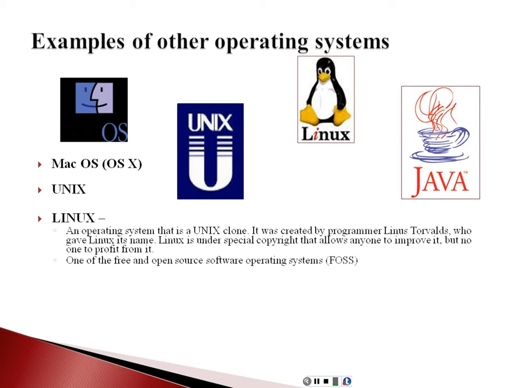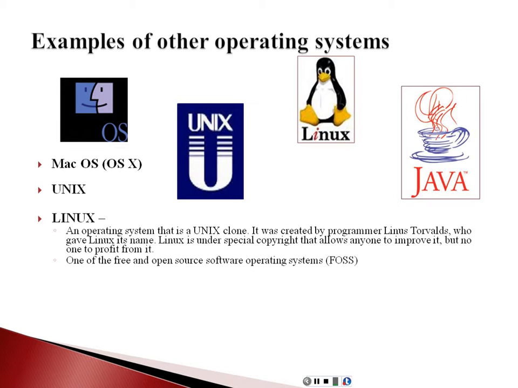And so with all of these, for example, Linux is an operating system that is a Unix clone. It was created by a programmer who gave Linux its name. Linux is under special copyright that allows anyone to improve it, but no one to profit from it. So this particular individual, he developed it, he programmed it, came up with it and says, hey, I own the copyright to it.